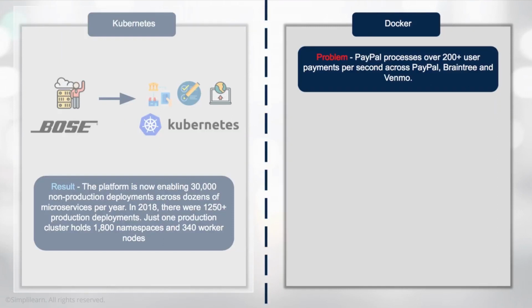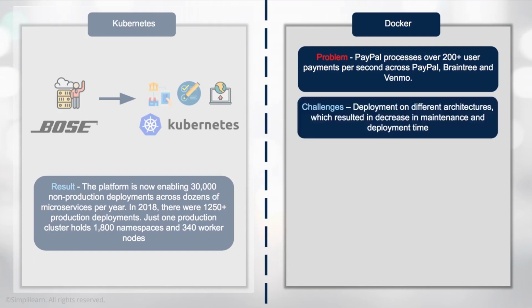Now let's have a look at Docker and see what a similar problem that people would have. So the problem is with PayPal, and PayPal processes something in the region of over 200 payments per second across all of their products. And PayPal doesn't just have PayPal, they have Braintree and Venmo.